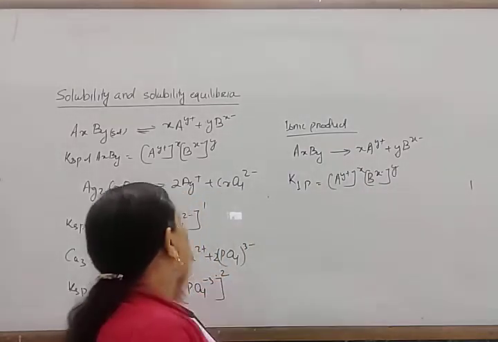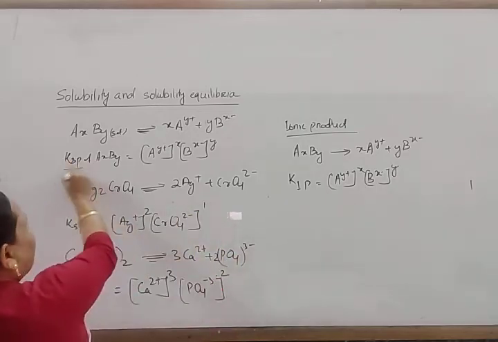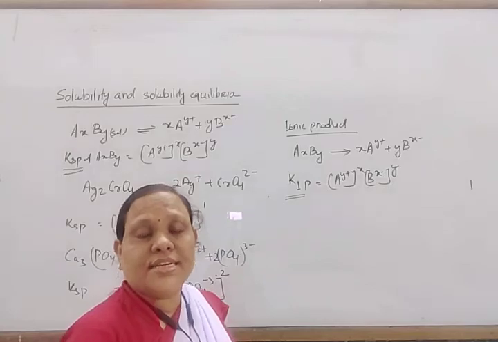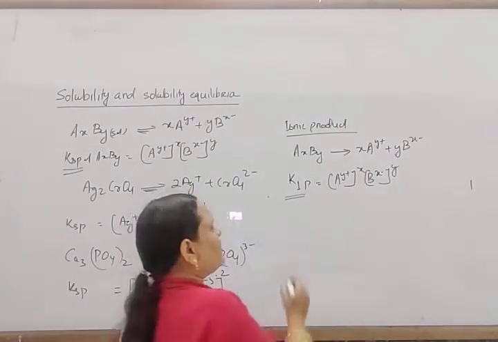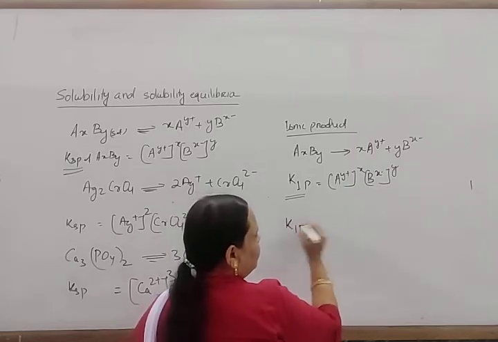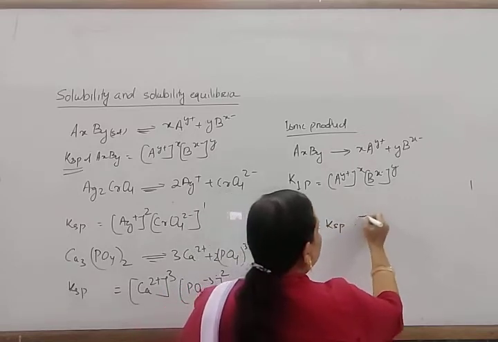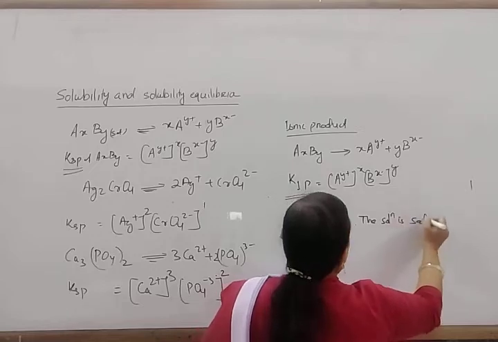So the KSP value is a constant at a particular temperature, but the KIP value may be different. It depends on the concentration of the ions. When KIP is equal to KSP, the solution is saturated.